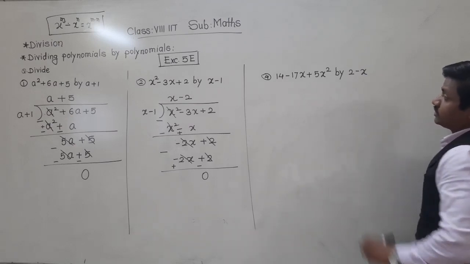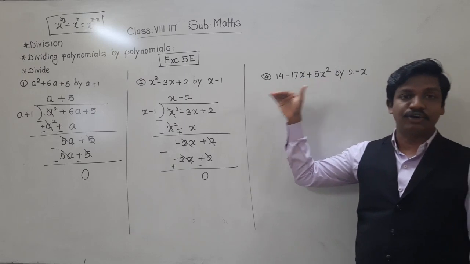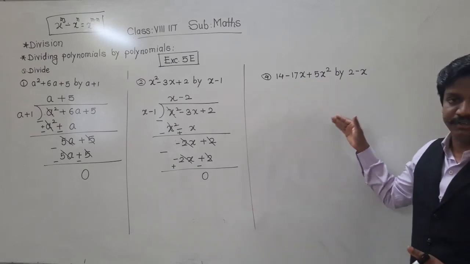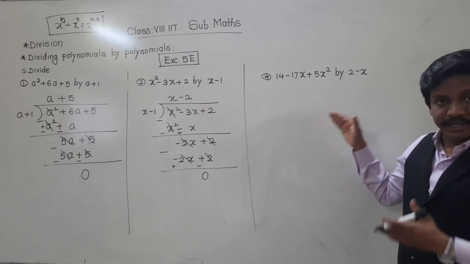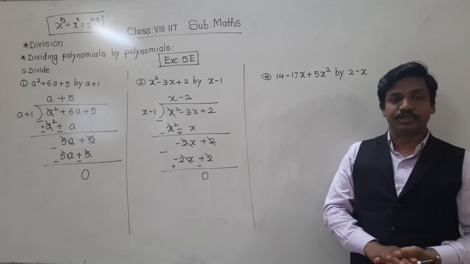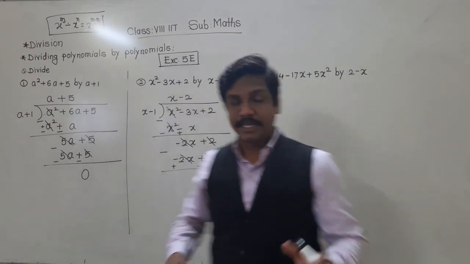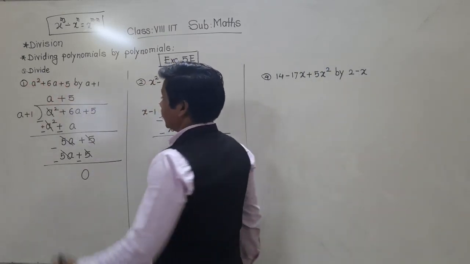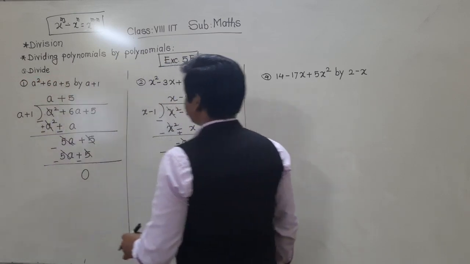Now see here, if you observe, the given polynomials are not in the descending order of the exponents of the variable. So for the division process, we are going to arrange them into descending order of the exponents. One more thing: in some examples here you will see a square, here the exponent of a is 2, here 1, here no exponent, which is 0.